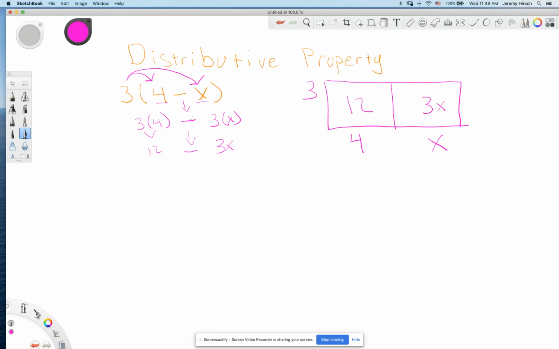Then we take the minus and plug it in as a minus. So it turns into 12 minus 3x. If this way works for you, you can do it.